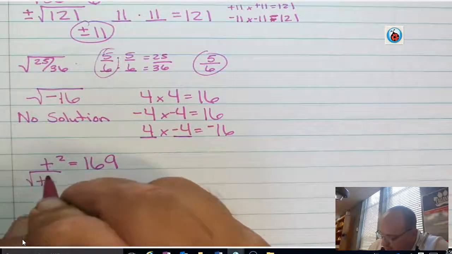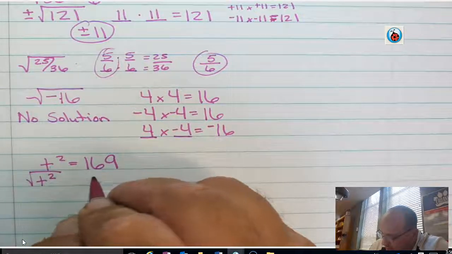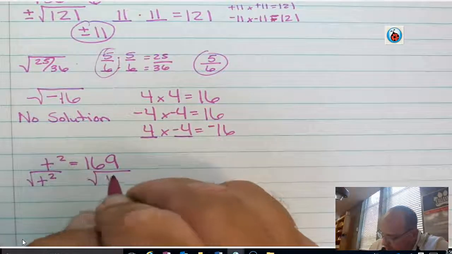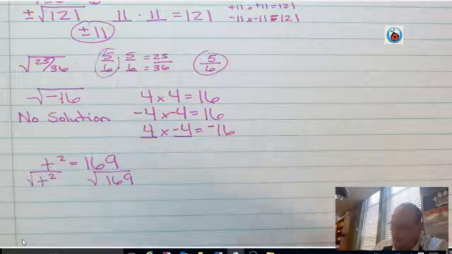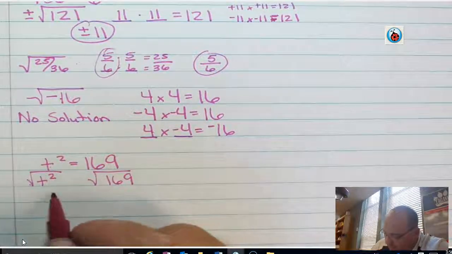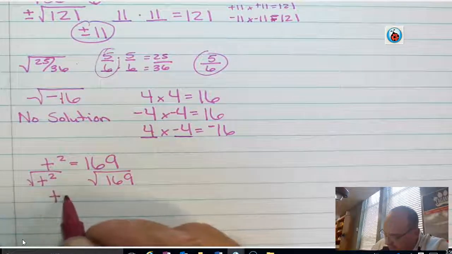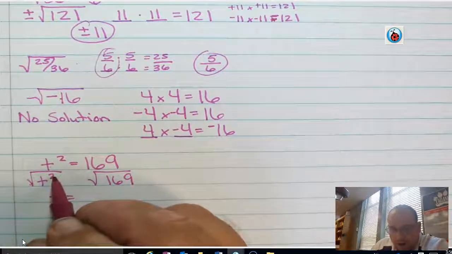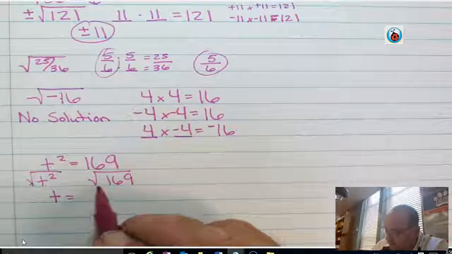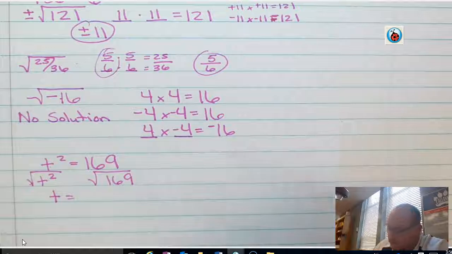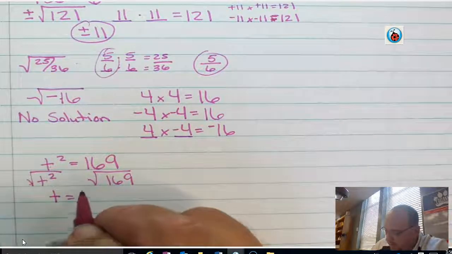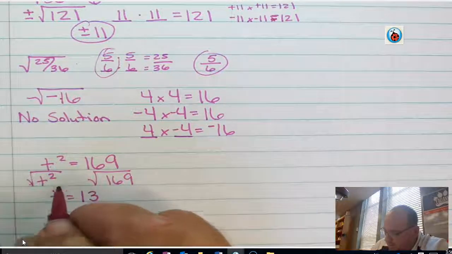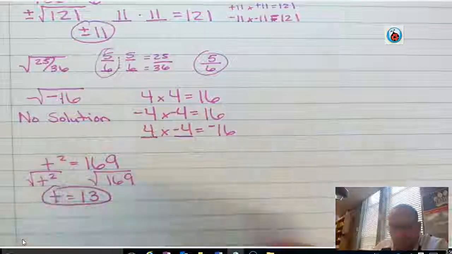So I'm going to use the square root of t squared along with doing the square root of 169. When I do the square root of t squared, I get t, because the square root and the squared cancel out. What number times itself will give you 169? It's 13. So my answer is t is equal to 13.